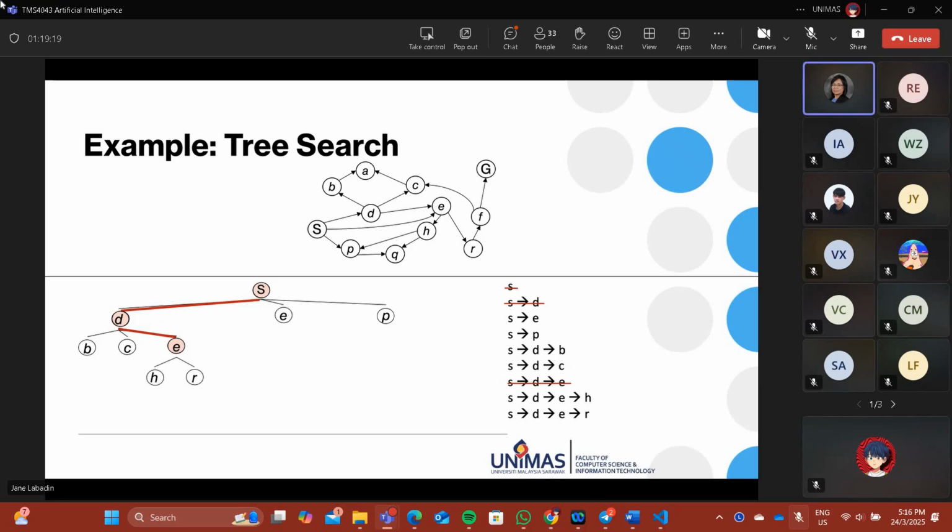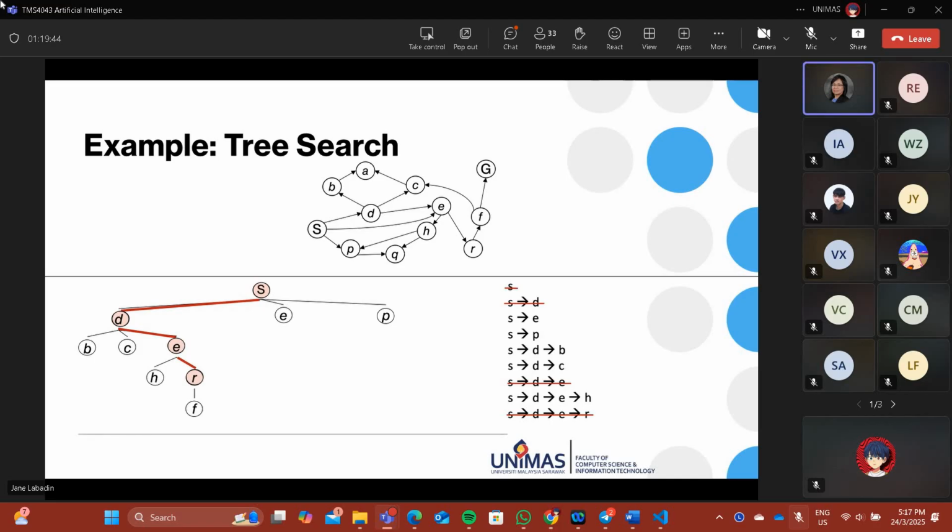SDE, then you expand the E, right? So you have SDEH or SDER. If I were to choose that one, then I cross it out, which means that's the path that I take.